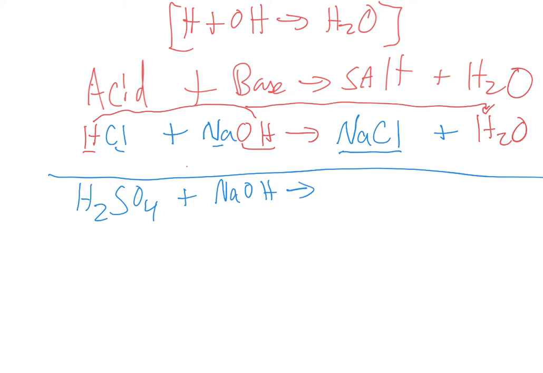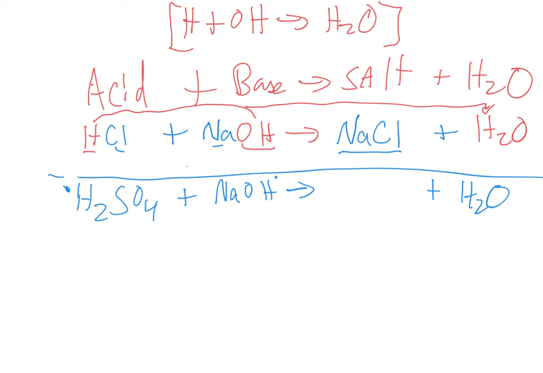So we know that that's going to produce a salt plus water, right? So let's go ahead and put our water over here because we know what that's going to be. It's going to come from the hydrogen here and the OH from here, and it's going to form your water.